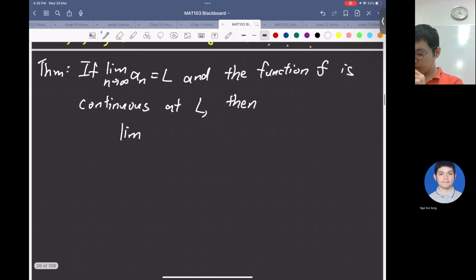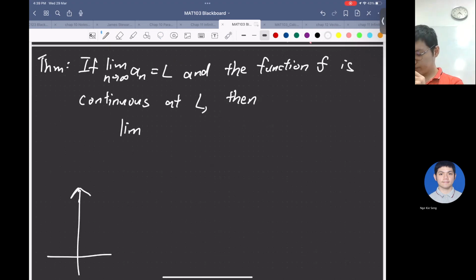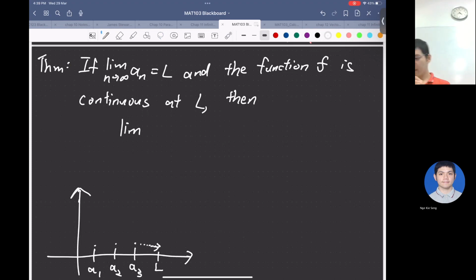The picture in your mind should be something like this. You've got a1, a2, a3, and they converge to L here. And you have a function that is continuous there.